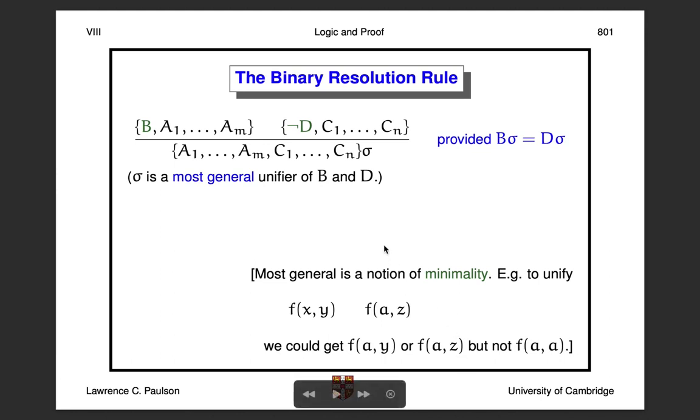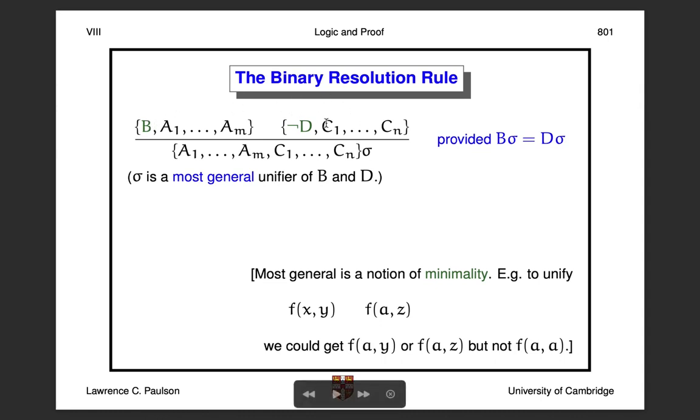So you may recall from before we had two clauses, and before they had complementary literals, so B here, not B here, they would cancel out, if you like, and we would be left with all the remaining literals. The only difference is now we allow unification to make two literals complementary that perhaps weren't.